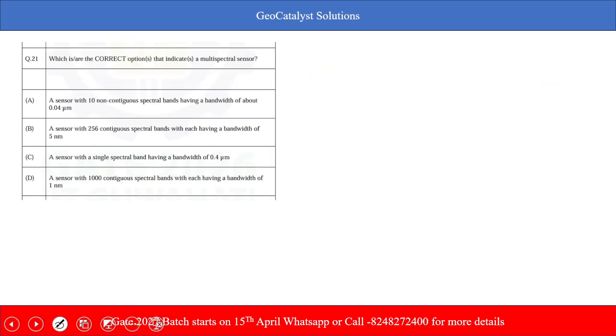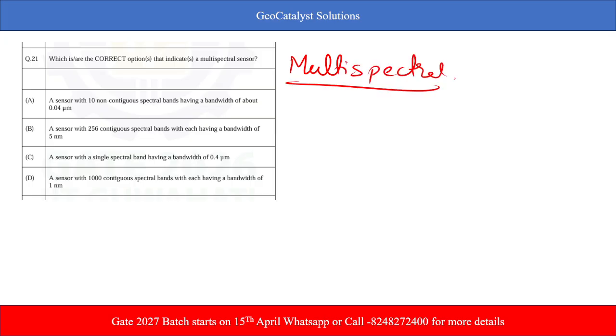Now coming to 21. So 21 asks which are the correct options that indicate multispectral sensor. Multispectral. So multispectral, we know, like many satellites are there, like Landsat, Sentinel, MODIS. These are all multispectral.